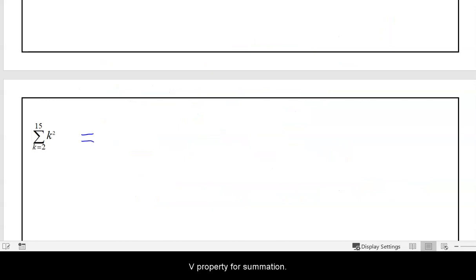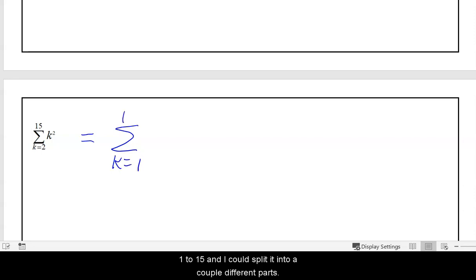The fifth property for summations said that I could take the sum from k equals 1 to 15, and I could split it into a couple different parts.